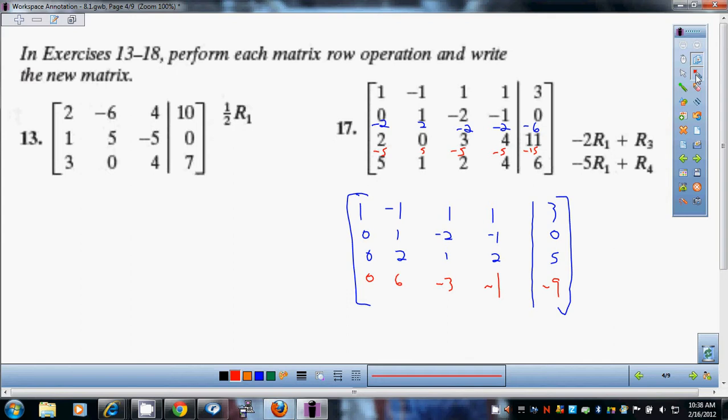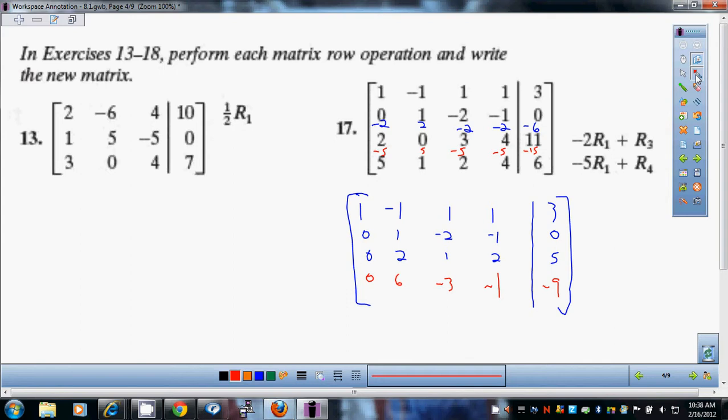Let's say row 1 had been 1/2, 3/2, 5/2, like fractions. Or if the equation were 2x minus 6y plus 14, 10, does something factor out? 2. So you can just reduce it. As long as you do something to an entire row, you can multiply by whatever you want at any time, and you haven't changed the system.